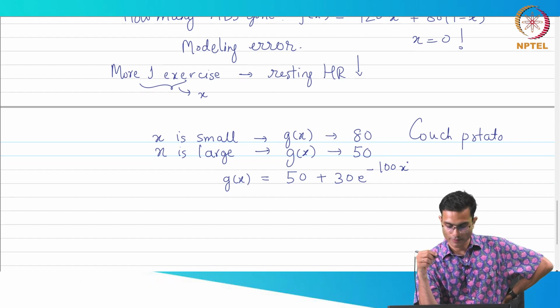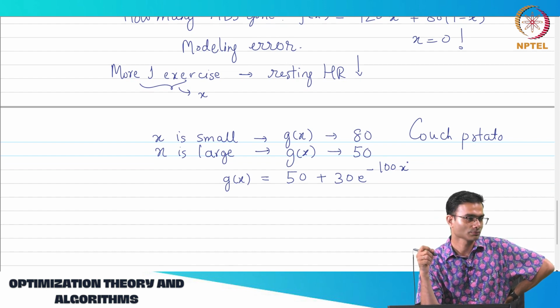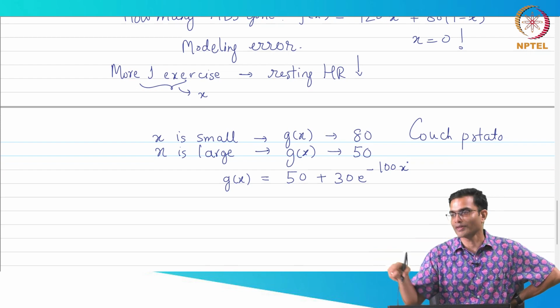When x is small, what is the value of this function? 80, right? And when x is large, 50. It's smooth.